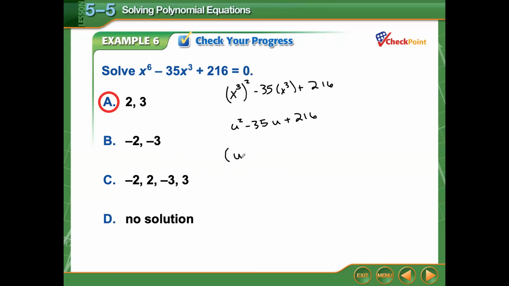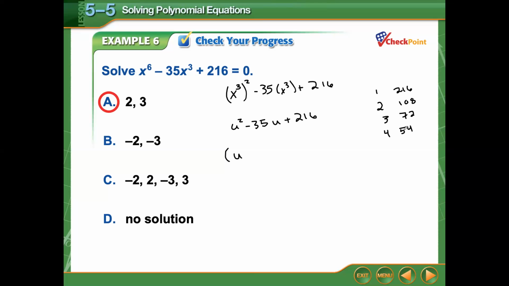This would factor into, I need two numbers that multiply to 216 that add up to 35. So let's see, you would make a list of your factors. So you have 1 and 216, 2 and 108. I'm looking for a set that will add up to 35. 4 and 54.